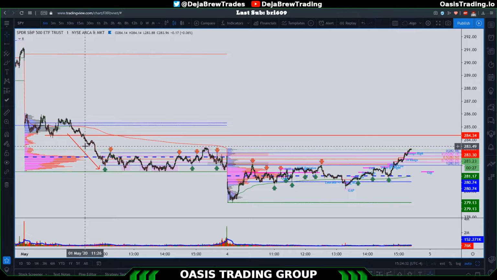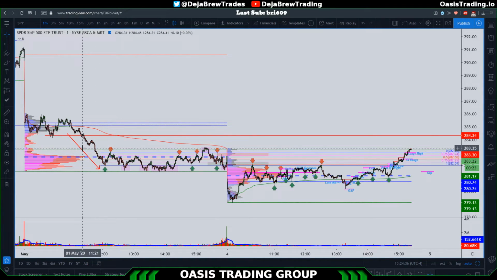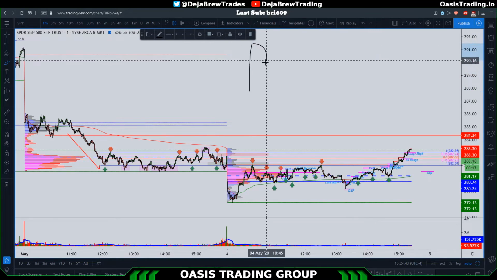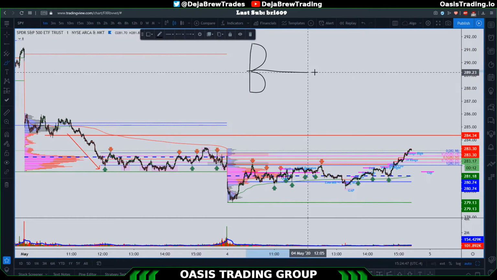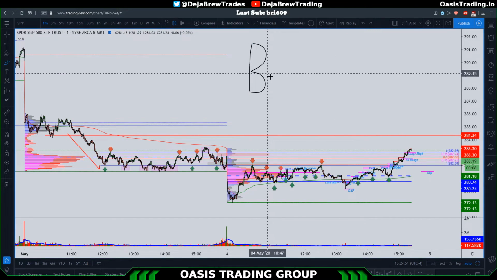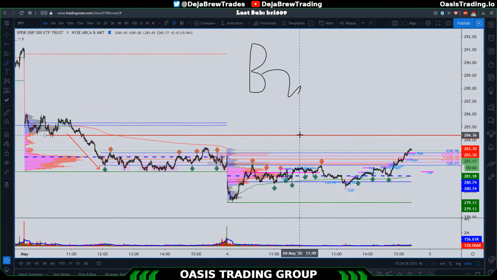You also, so this is something that is a little bit more advanced, but if you have an uppercase B session, so we have that uppercase B, right? And like I always told you guys, that uppercase B gives you a gap in the middle, right? So if you have an uppercase B and then you have your next trading day, it doesn't really matter what kind of session it is.